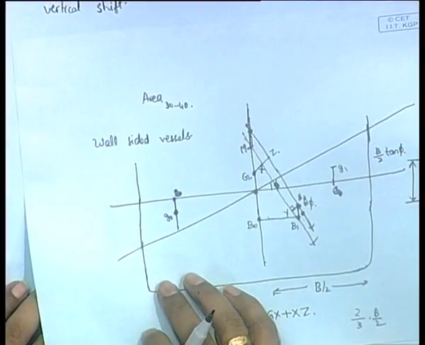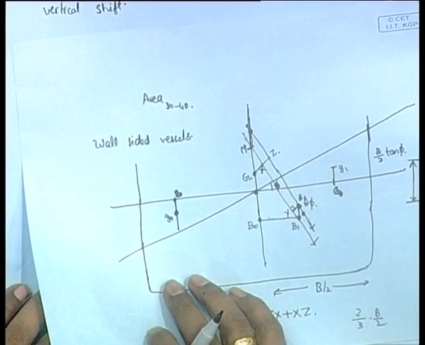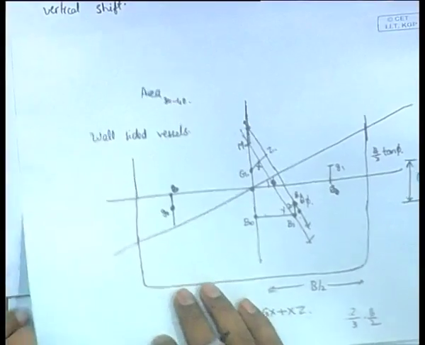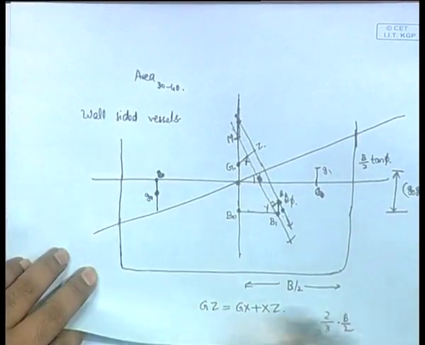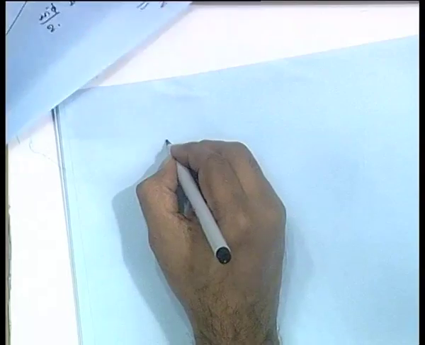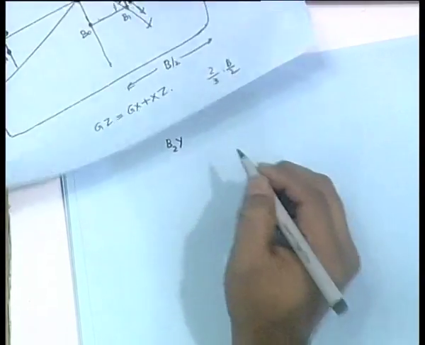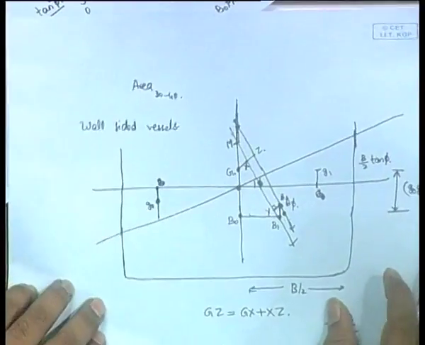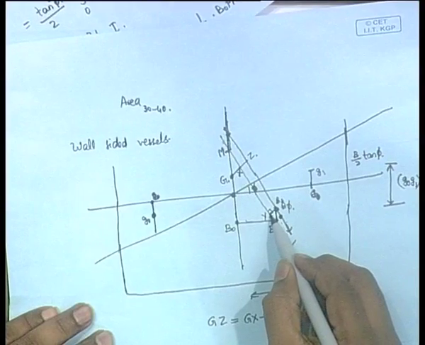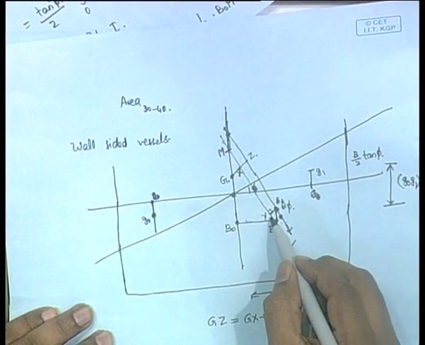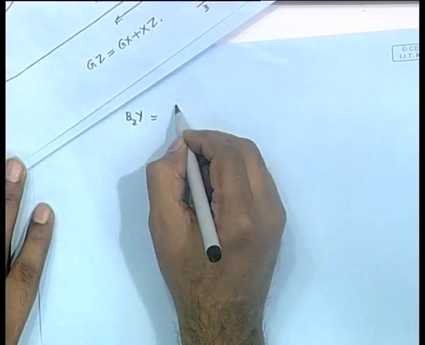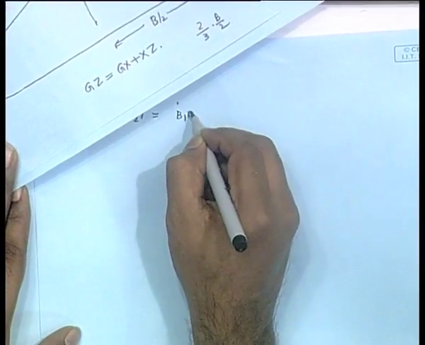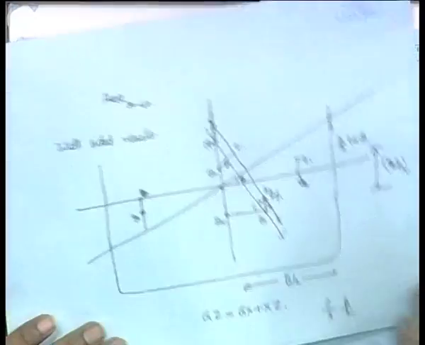Now, let us look at that figure again. To complete this derivation, we need to get B2y. In this figure, from this B2 I have drawn a perpendicular to this line, which is actually y. So, B2y is equal to B1B2 sin phi.